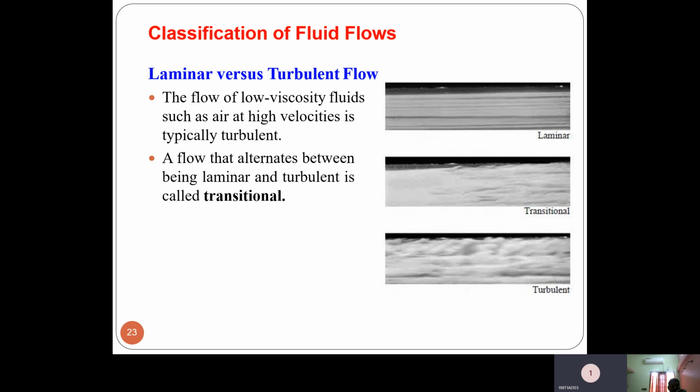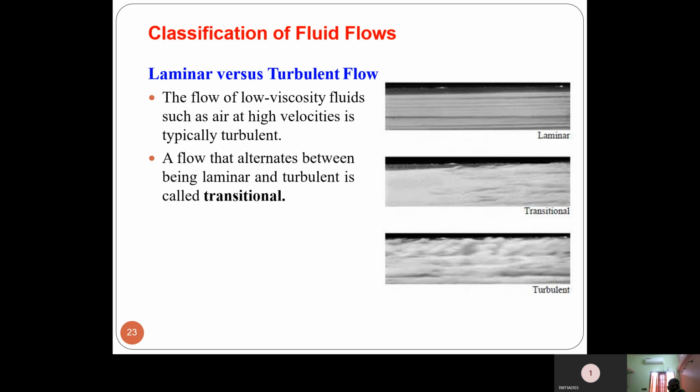For example, if a fluid is flowing through a pipe, then a Reynolds number of 2300 is the critical number for turbulent flow. If the Reynolds number is less than 2300, that is called laminar flow.